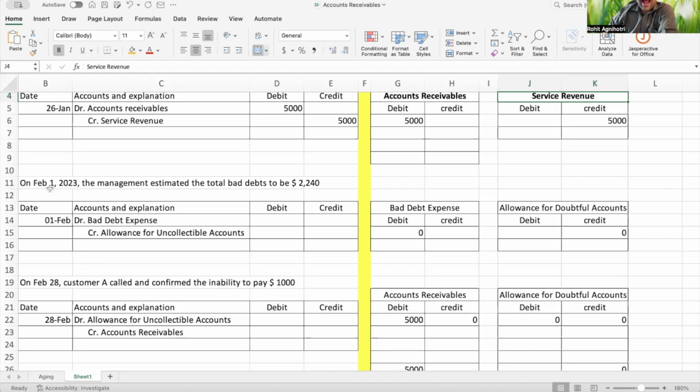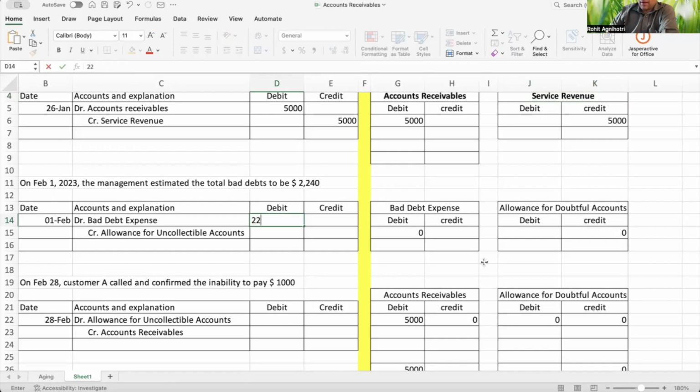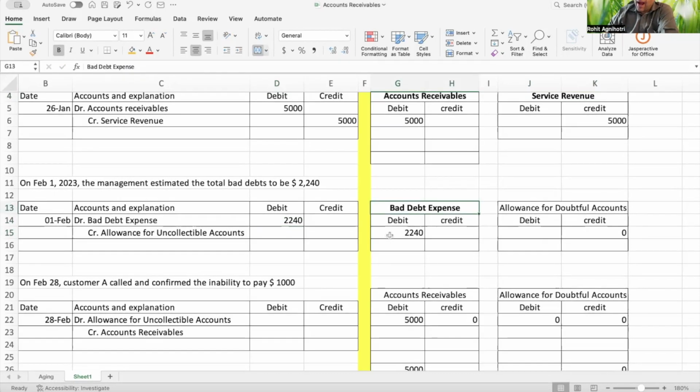So bad debt expense of 2,240, and you will see the corresponding entry in your T account. The bad debt expense went up on the debit side. And why debit? Well, you guessed it right. Because expenses reduce your net income.